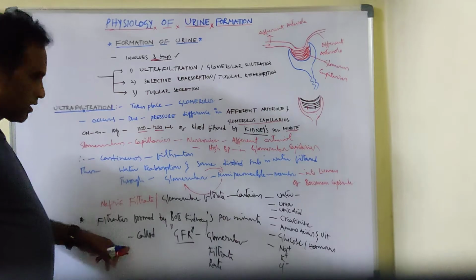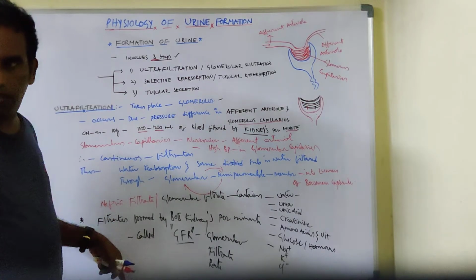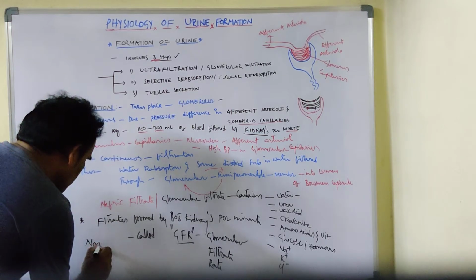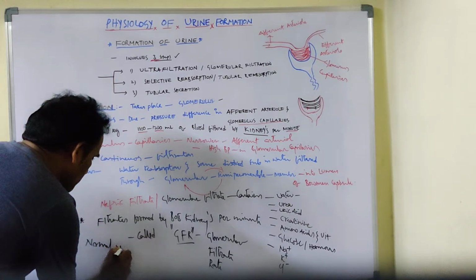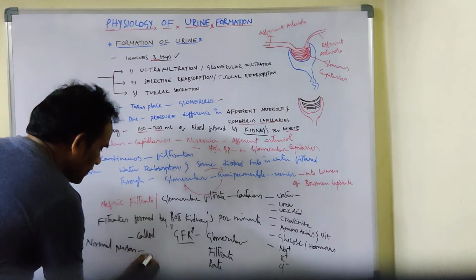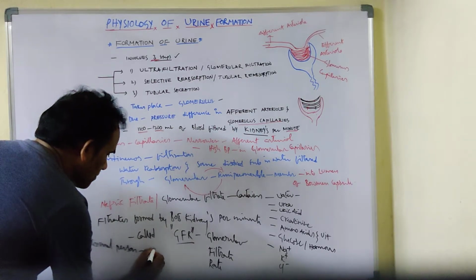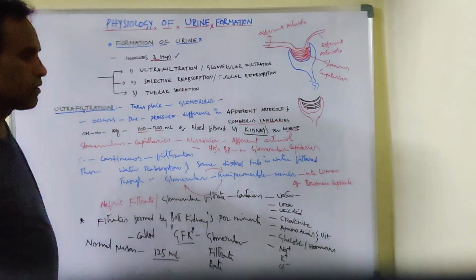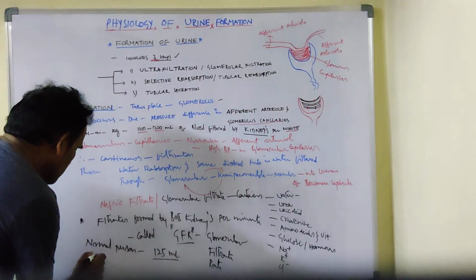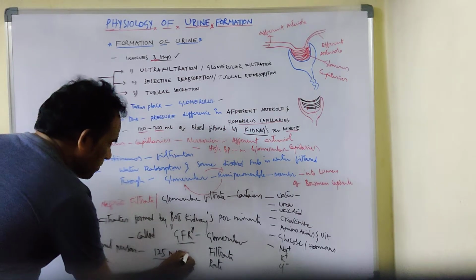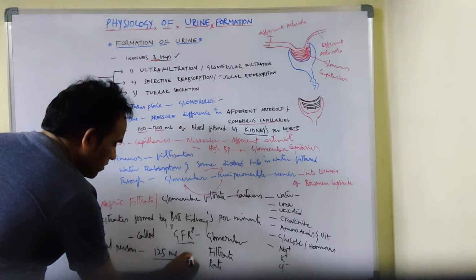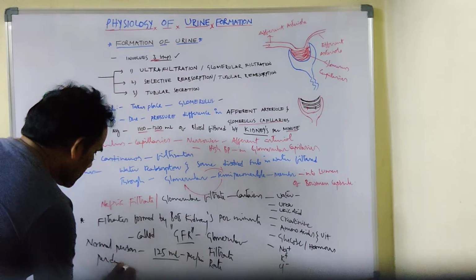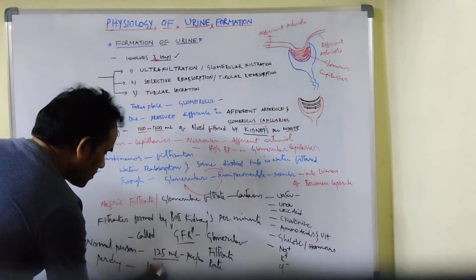In a normal person, the glomerular filtrate per minute is equal to 125 ml, and therefore per day it is 180 liters.